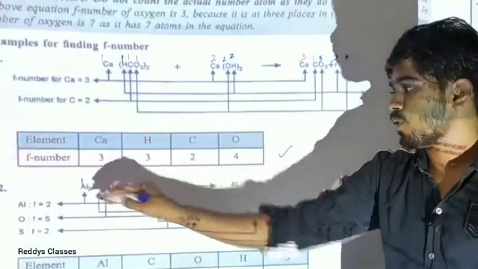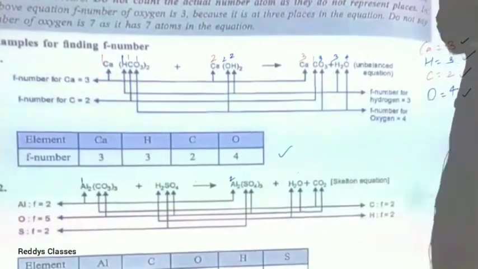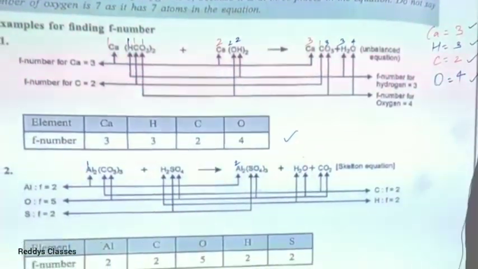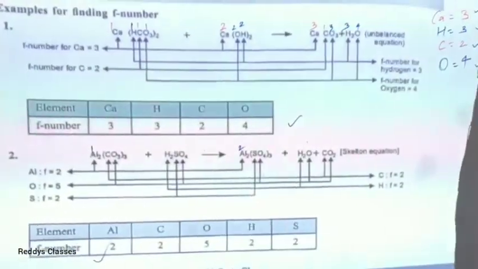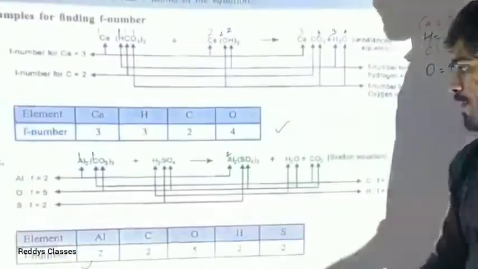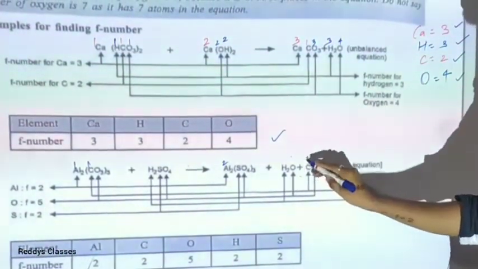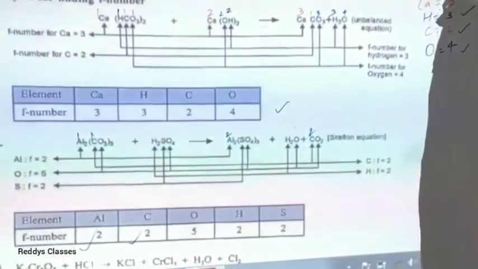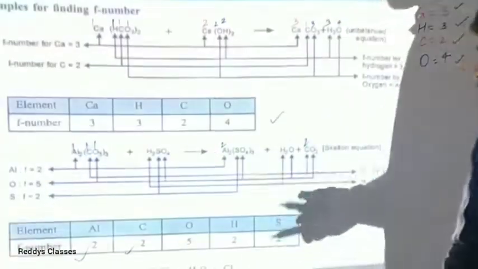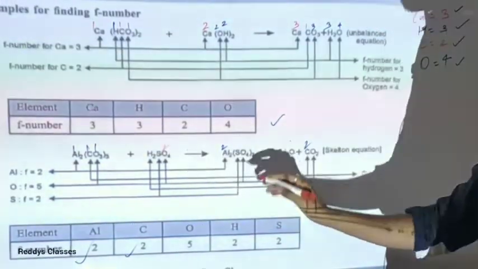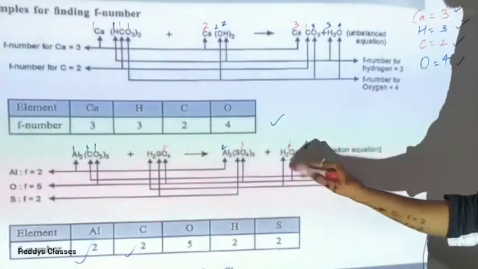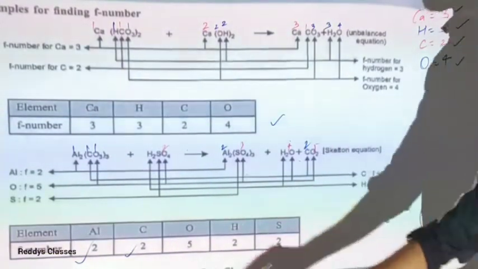Al, aluminium 1, 2. We have aluminium 2. This completes. We have carbon here, 1, 2. Carbon 2. Oxygen 1, 2, 3, 4, 5.